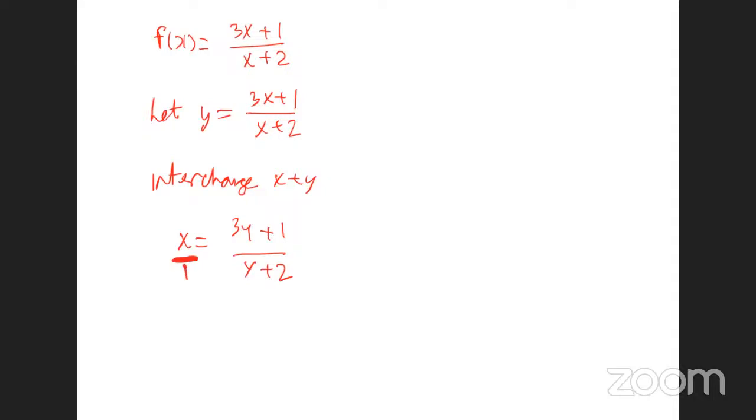Now we have what? We have two fractions either side of the equal sign, so we can cross multiply. So cross multiply and then bring all the y's on the left side. And let's see what that's like.